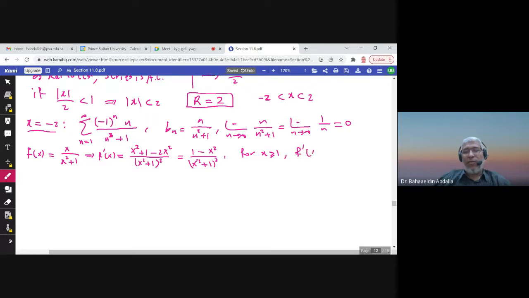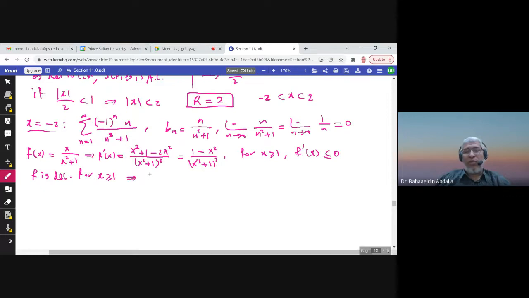F prime of x, if x is 1, it is 0. If x is 2 or 1 point something, it's negative. So f is decreasing for x greater than or equal to 1.